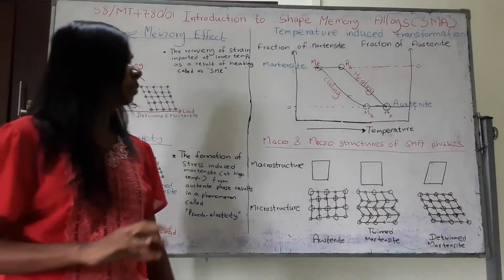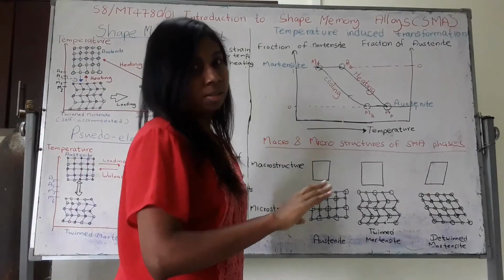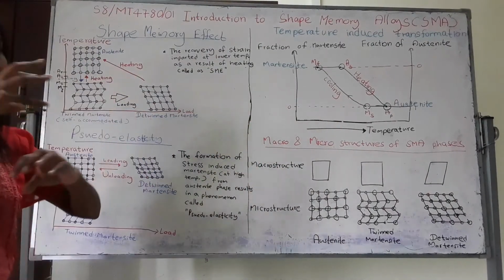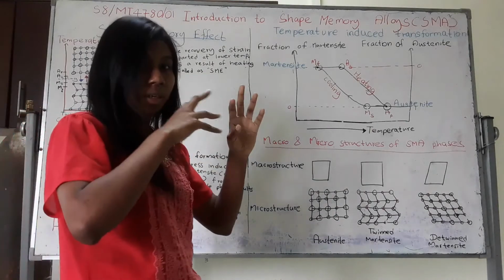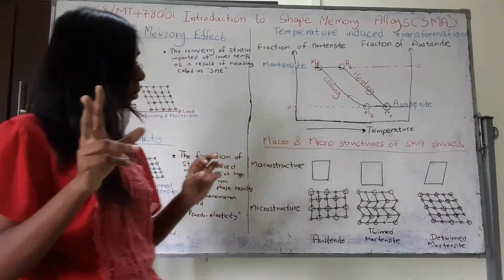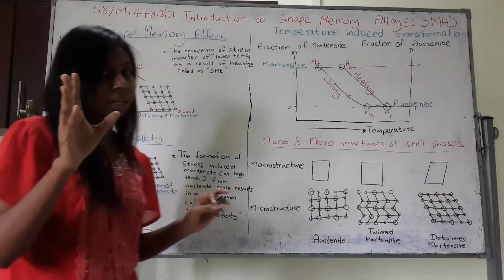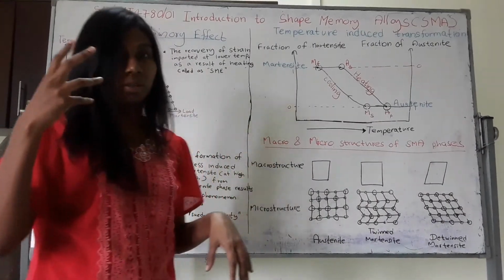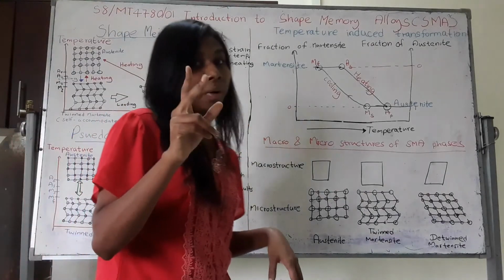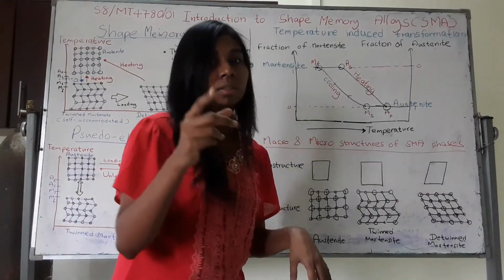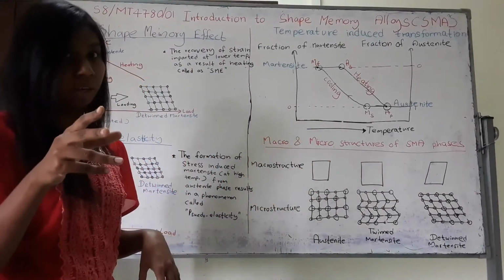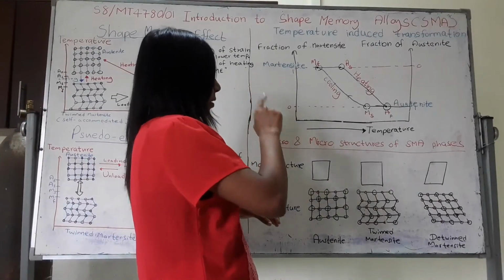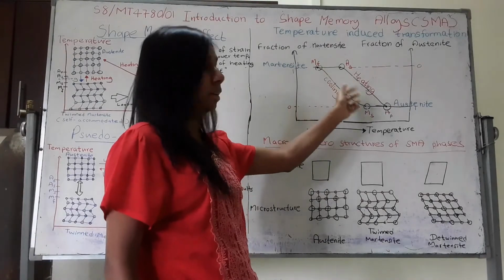When it starts to form austenite in martensite, in that moment the material starts to get to its original shape. So in the material it starts to change its shape. The point at which it starts to change its shape is the austenite starting temperature.